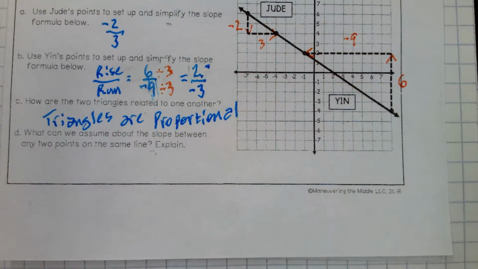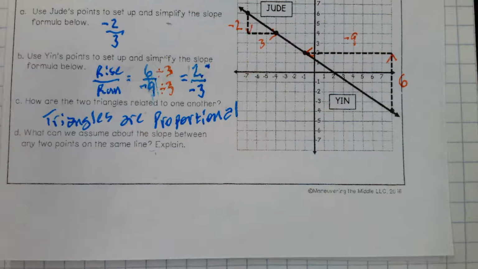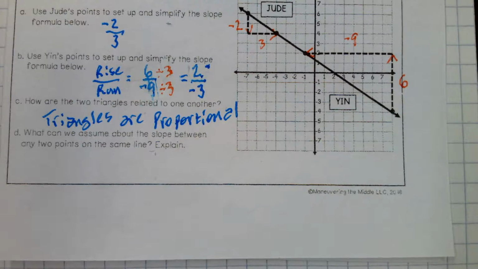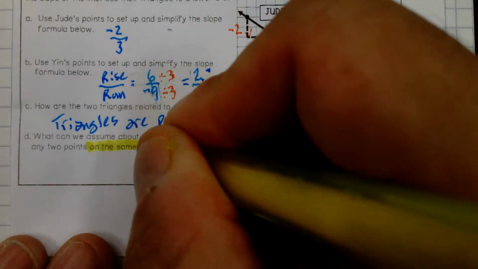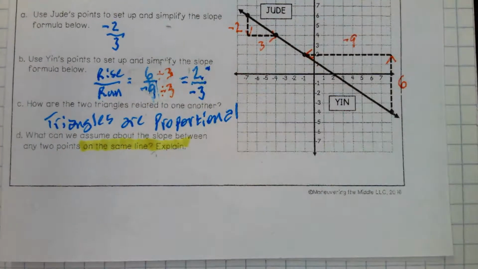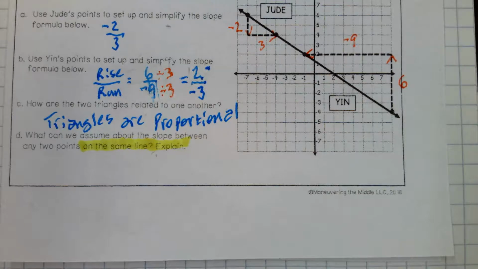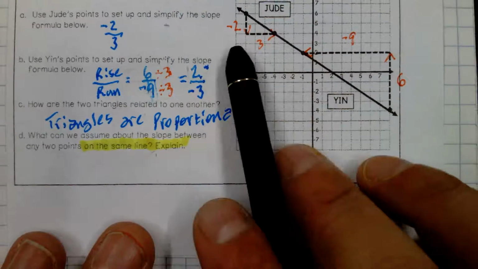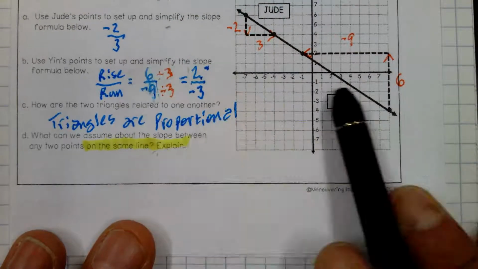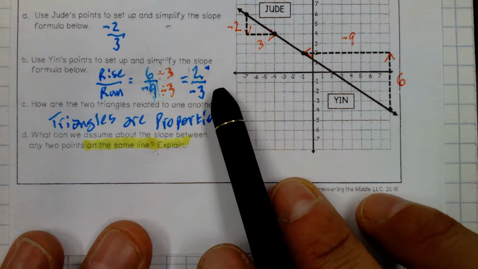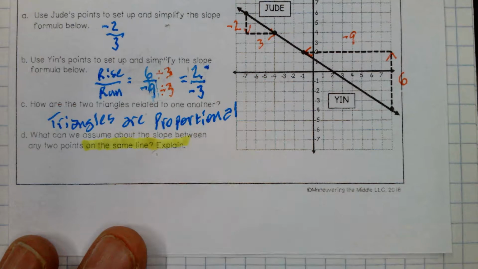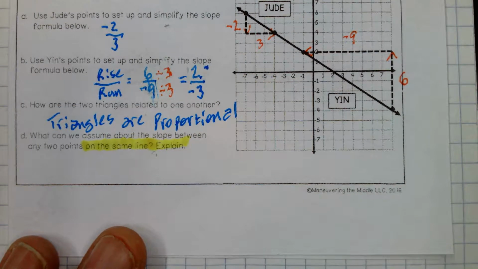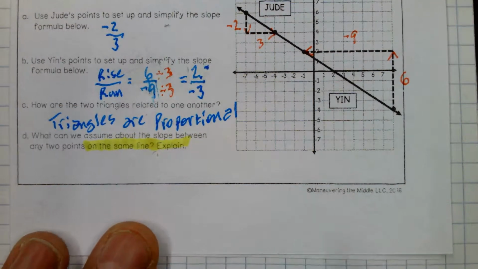More importantly, I want us to answer this last question, question D. What can we assume about the slope between any 2 points on the same line? So if we're on the same line, what's the slope going to be? Is it going to be different or the same? We got negative 2/3 here, and when we simplify, we got negative 2/3 here. So can we assume it'll be the same or different? The same.